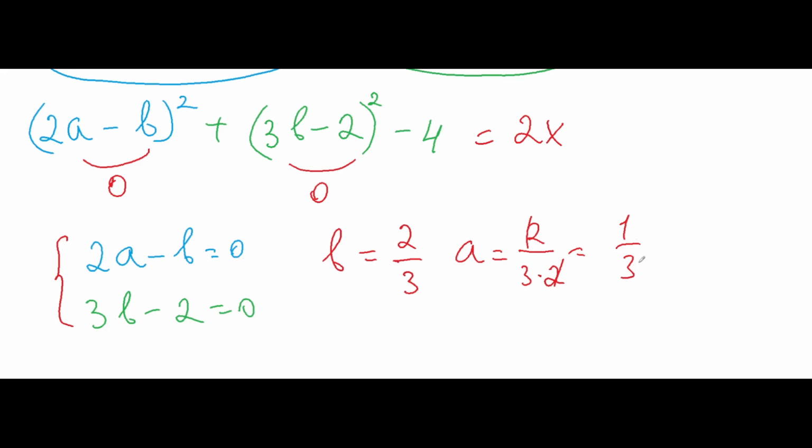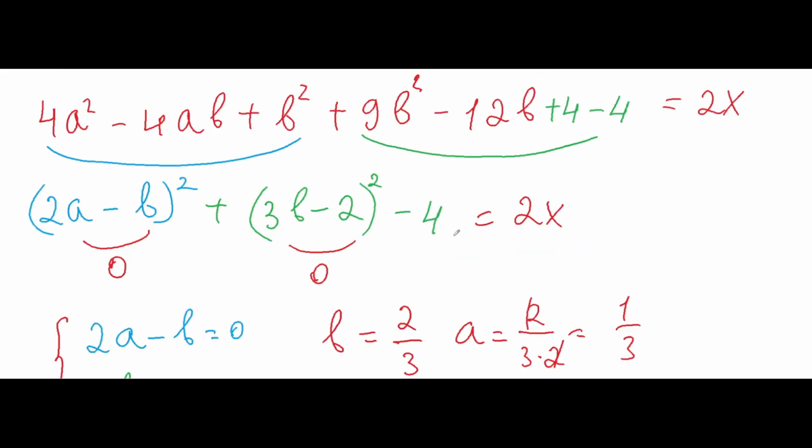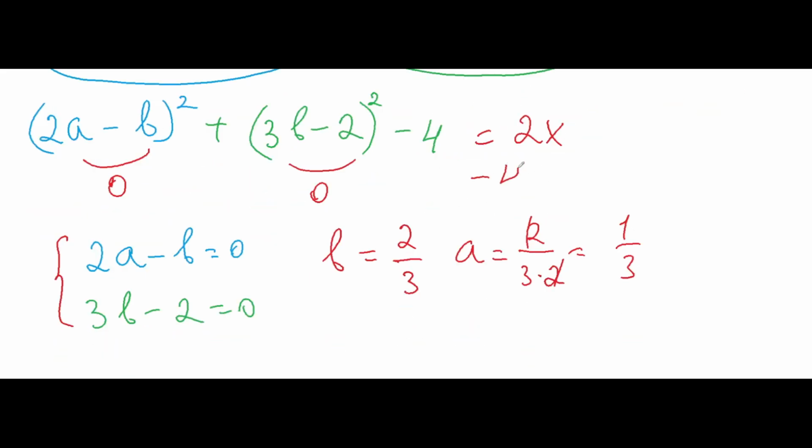Yeah, it's right. We don't need these values, but the minimum value will be minus 4, but it is the minimum value of 2x.